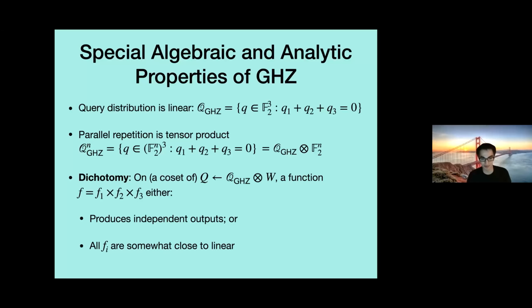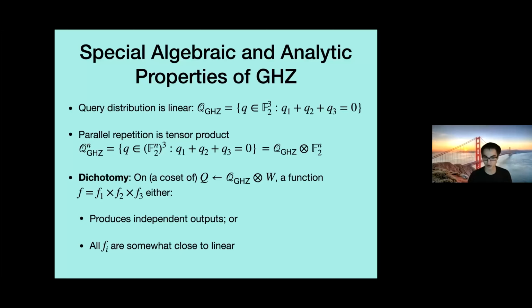So intuitively, the GHZ distribution has some correlations in it. The players are not getting independent inputs. The relation between their inputs is a linear constraint that they sum to 0. And the only way you can preserve some correlation in the outputs when you apply a function separately to each player's input is by applying another linear function.